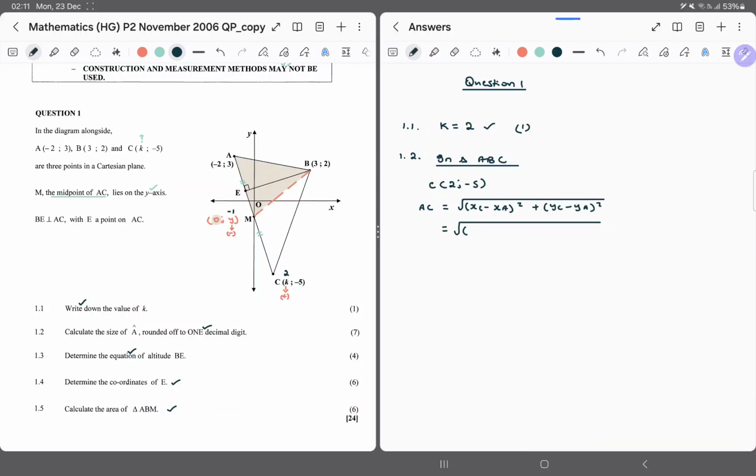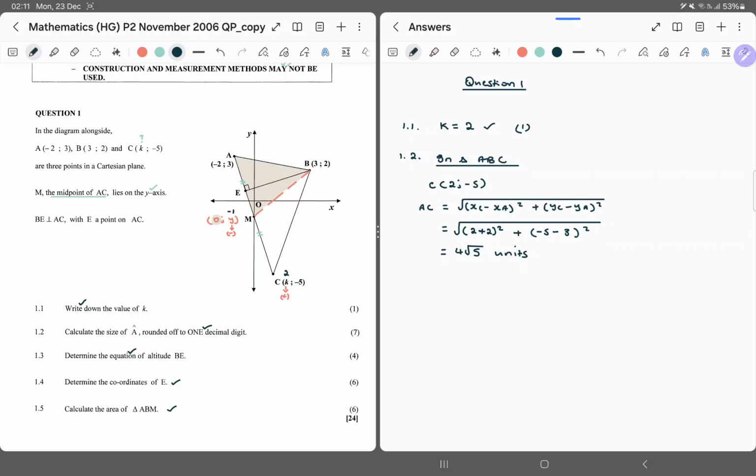X at C, it's 2, minus x at A, it's -2, so it's going to be +2, all squared, plus y at C, it's -5, minus that one is 3, all squared. So we just sort it out. So we've got the square root of 2 plus 2 all squared plus -5 minus 3 all squared. So we get 4 root 5, okay? So this is 4 root 5 units, okay? That's what we want.